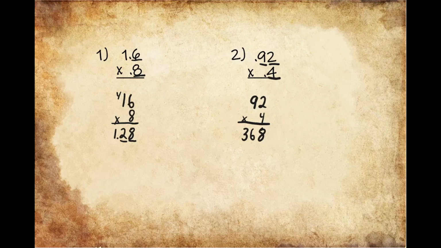So I'm going to go ahead and put the decimal at the beginning of this number, because that allows me to have 3 digits to the right of the decimal place. So I know that this is the correct placement of the decimal because there's 3 digits to the right of the decimal place. So 0.92 multiplied by 0.4 gives us 0.368, or 368 thousandths.